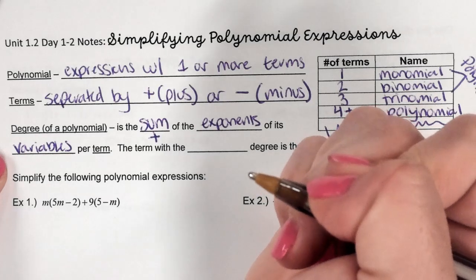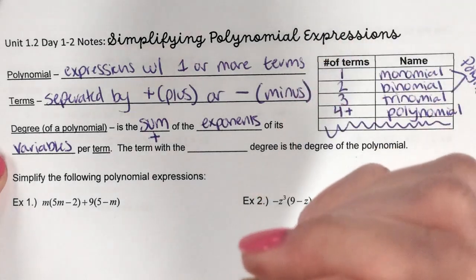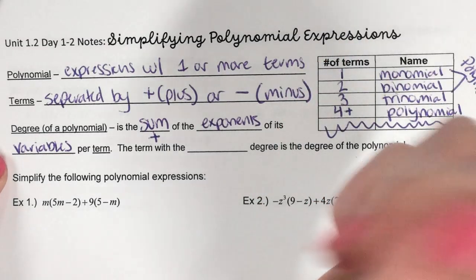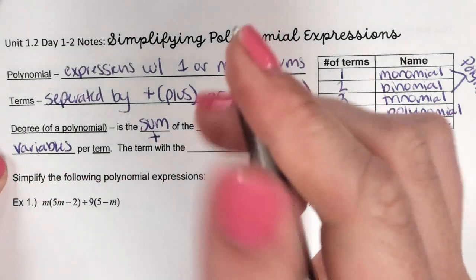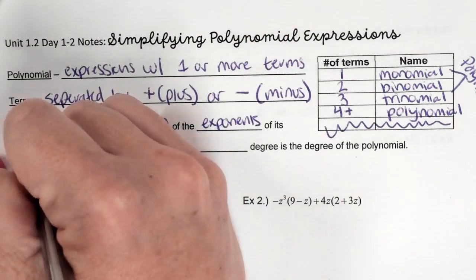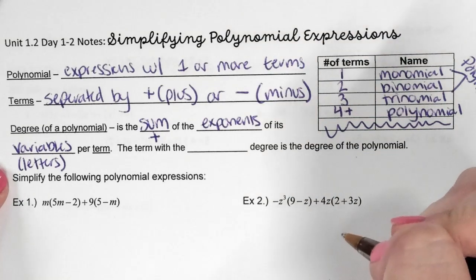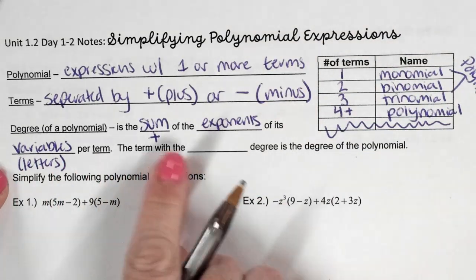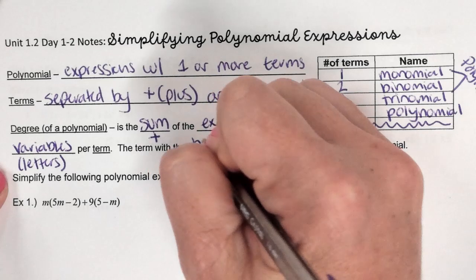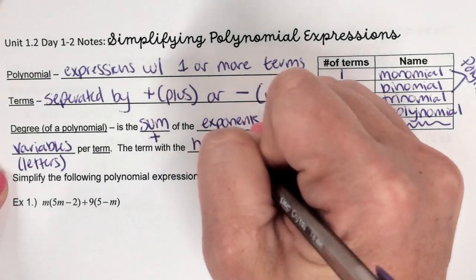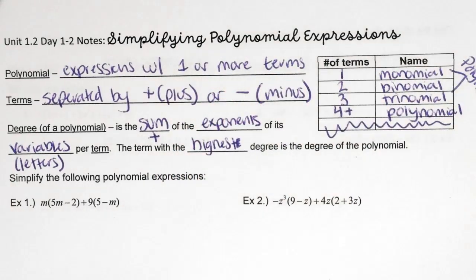They're letters. Those are examples, yes. So it's any letters per term. And the term with the highest degree is the degree of the polynomial. So let me show you what I mean by that.